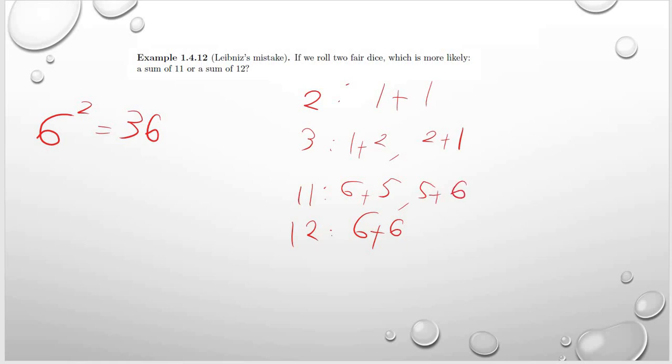So we have two ways to get an 11, one way to get a 12, one way to get a 2, two ways to get a 3, and then there are more and more as you go up towards the middle and hit 7, and then they shrink again.